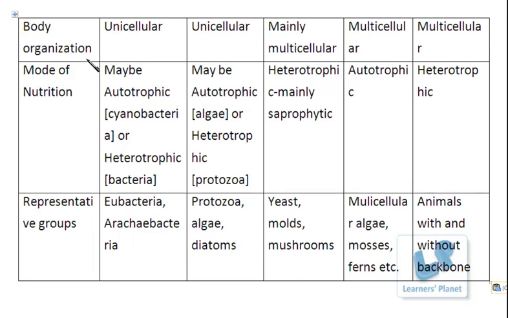Body organization in case of Monera is unicellular. Body organization is basically related to the differentiation of body parts or the arrangement of cells into different parts, like in tissues or in organs and so on.